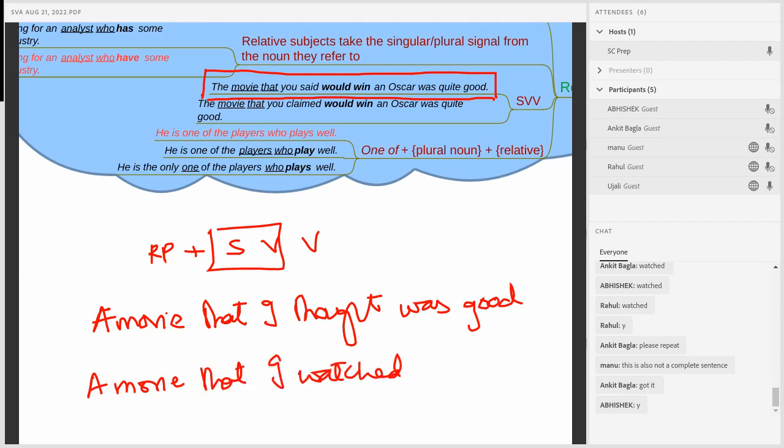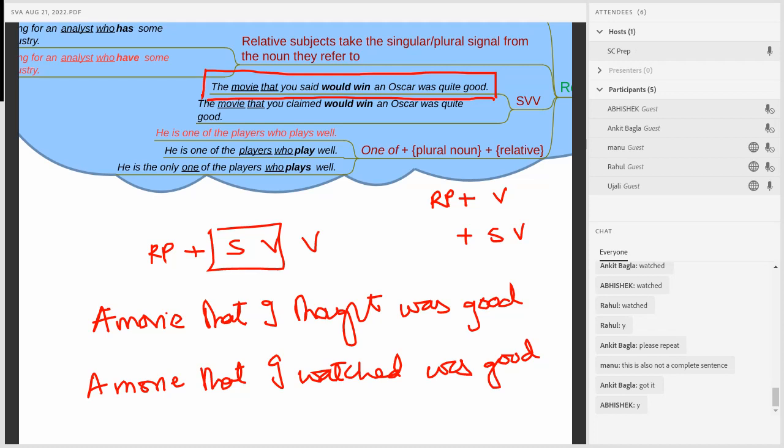Let me just write this out. The first one is, I don't want to confuse you. When I said that a relative pronoun can only be followed by a verb or a subject plus verb combination, if you see an SVV on the GMAT, you should not assume that you've got some new structure.